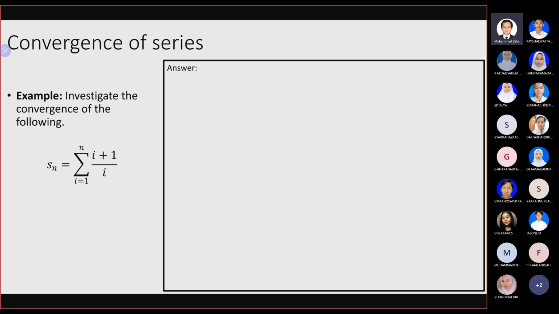Now we investigate the convergence of this guy. So for this guy, sum of I from 1 to infinity of I plus 1 over I is actually 2 over 1 plus 3 over 2 plus 4 over 3 plus so on, and we continue, and plus I plus 1 over I, and so on.